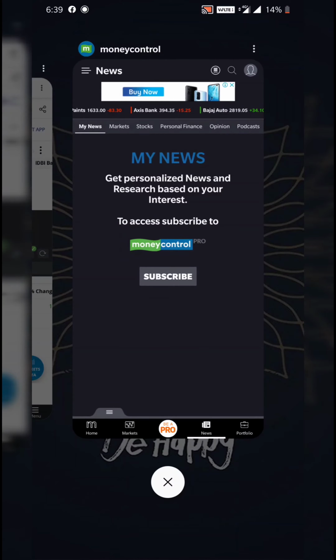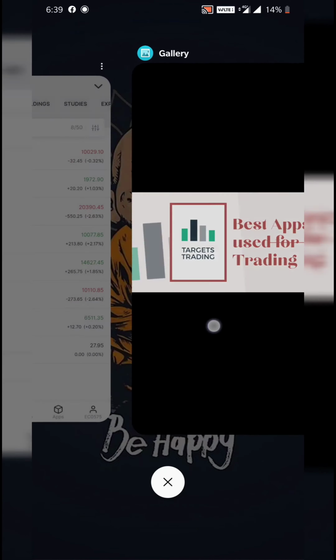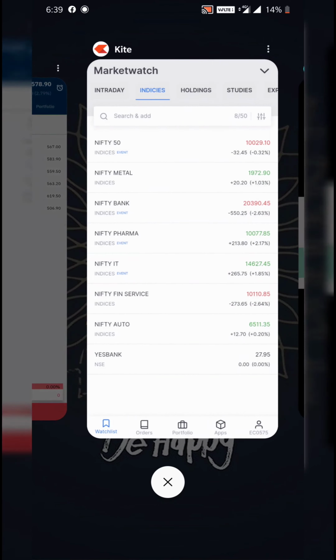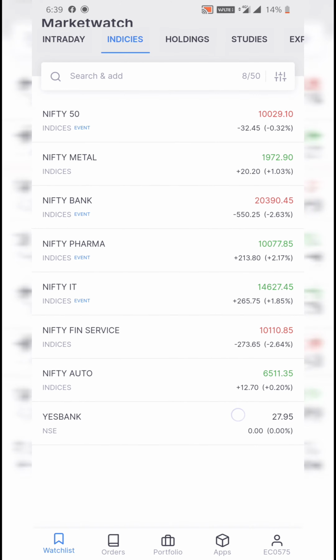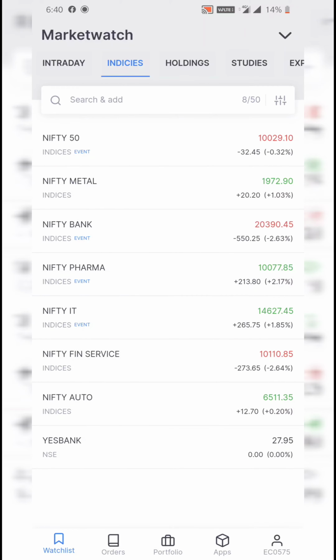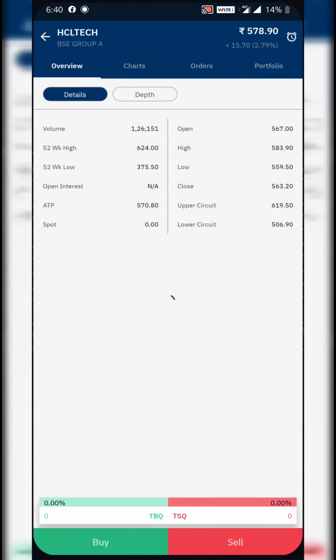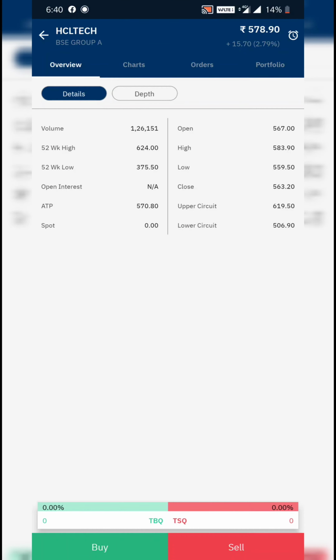And for the platform apps, I use Zerodha, as so many people do, and Upstox. These are the two apps which I will be using for trading, guys, because these are the apps which I find user friendly and can be traded well.